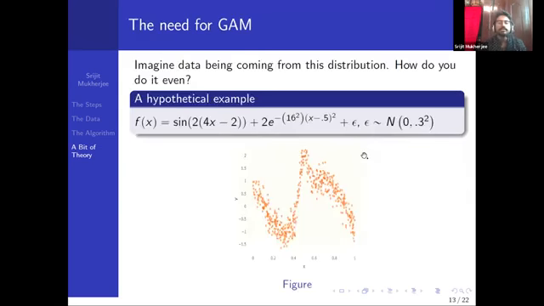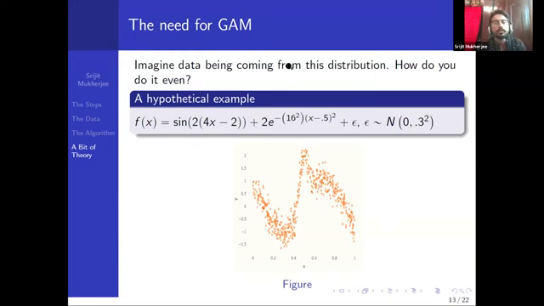So why do we need the generalized additive model, also called GAM? Imagine the data coming from this mathematically elegant distribution, where epsilon follows normal 0. It's the same framework, but we will see that the data doesn't really follow it. Locally it looks like a polynomial: you estimate here, then here, then here.